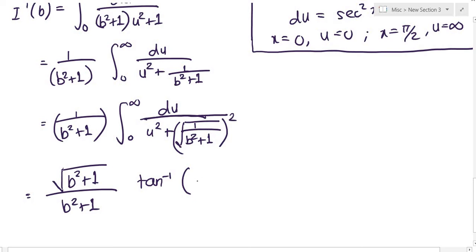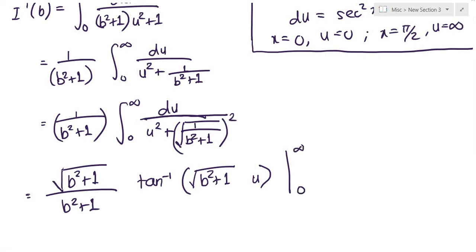So when we flip that up, we have the square root of b squared plus 1 multiplied with u, but since it's a definite improper integral, we have to evaluate it at 0 and at infinity.